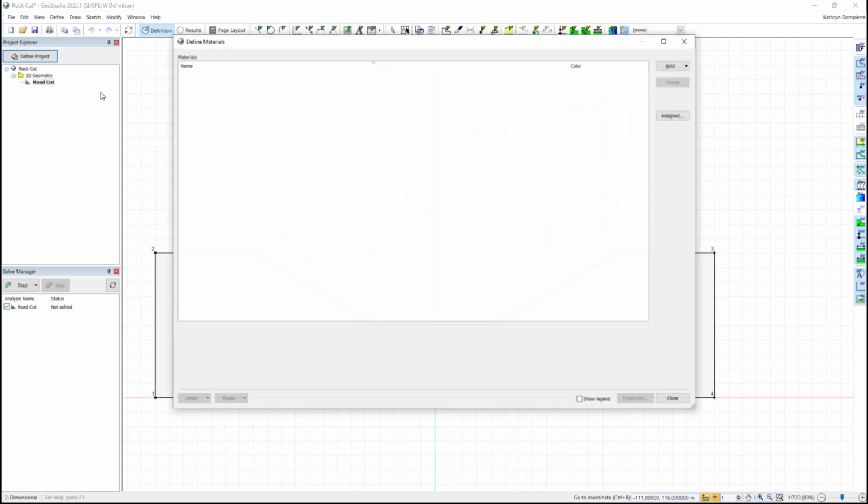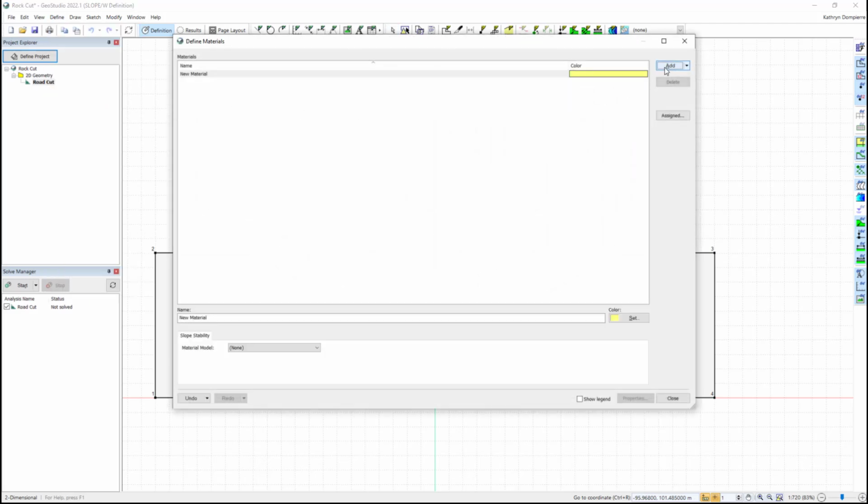To define the material, I first need to define the intact rock mass material, and then the two joint sets the project geologist has identified during the field investigation. The intact rock material will be modeled using the Hoek-Brown material model.